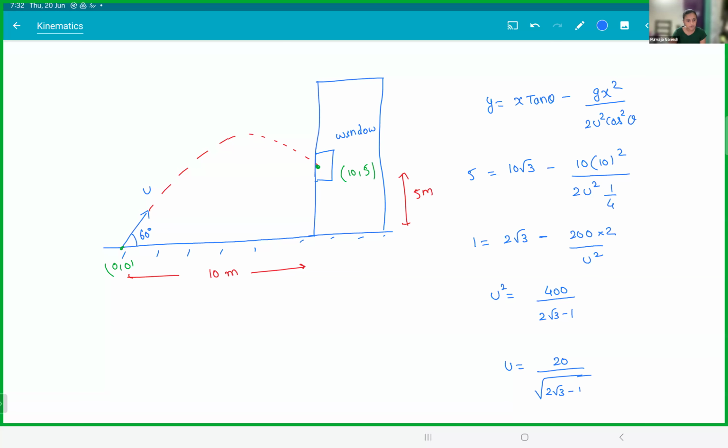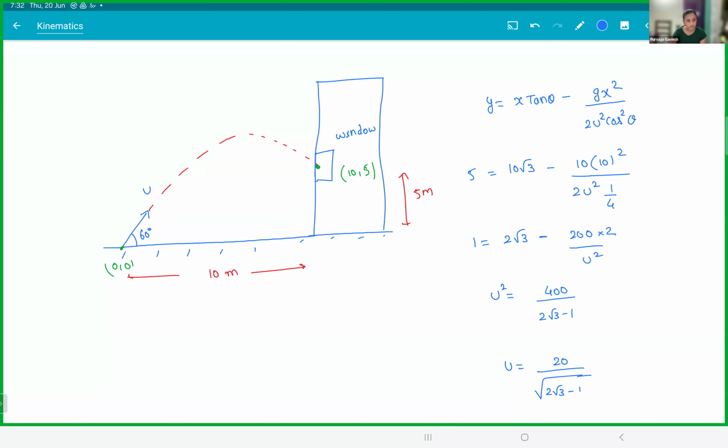Now see, the point of projection is always treated as origin. So this thing goes and lands on the ground here. That means this point, the height of the building, this would be 0, minus h. This is r, minus h.